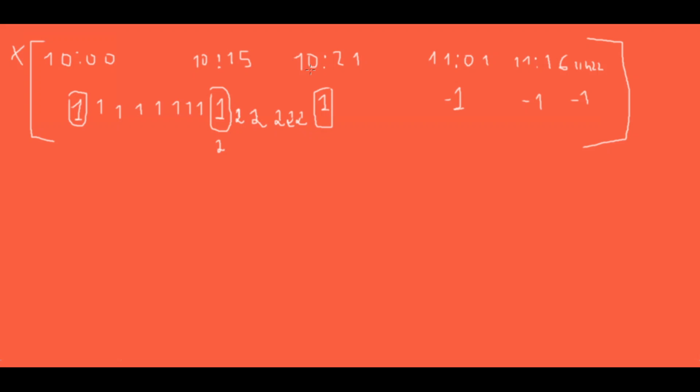And at 10:21 we had another entry, so we sum, and we found something that we need to alert. Okay, so this would continue with 3, but we stop the iteration here.